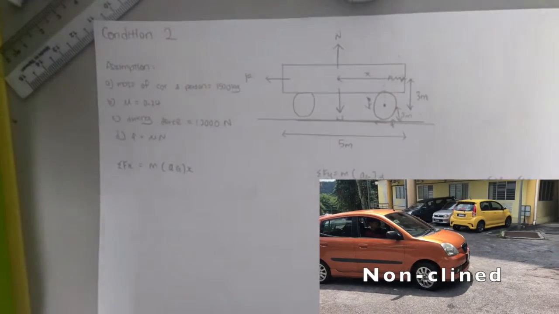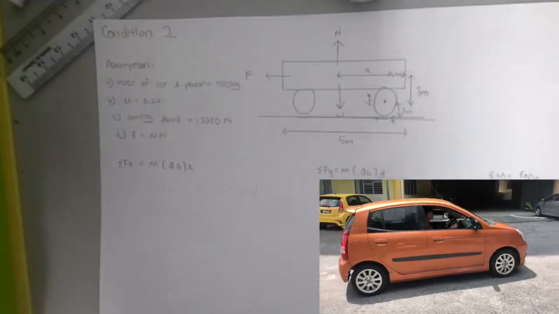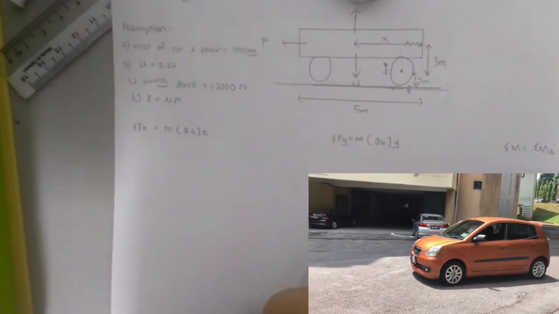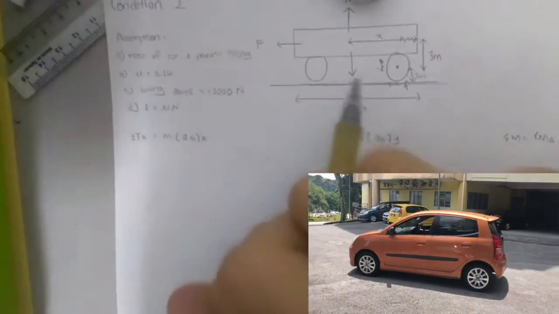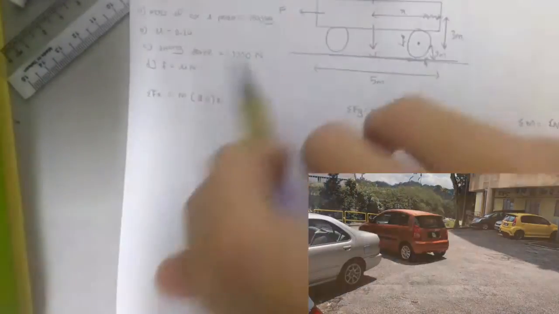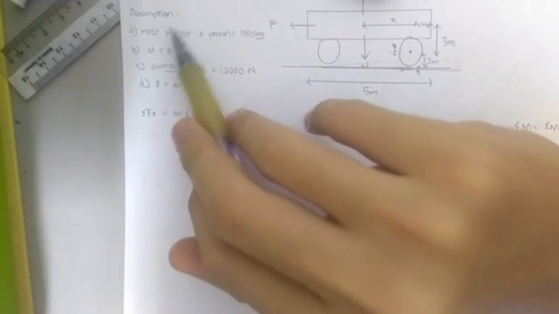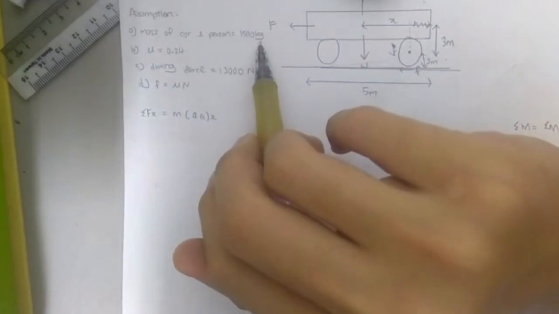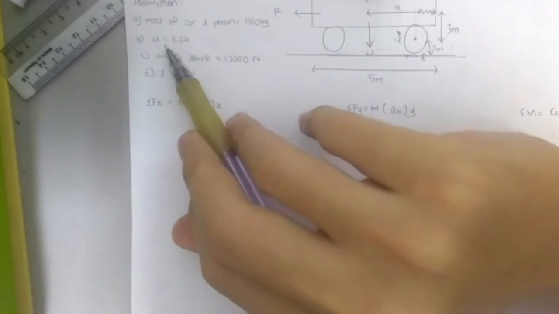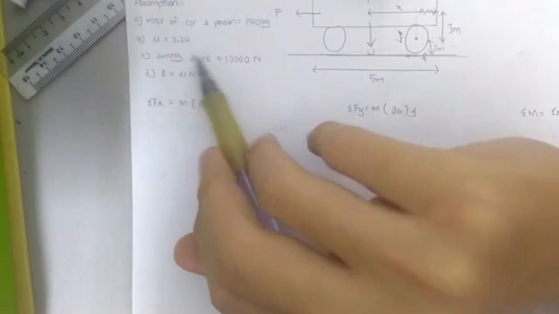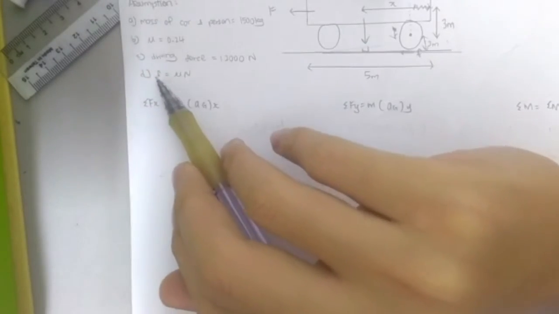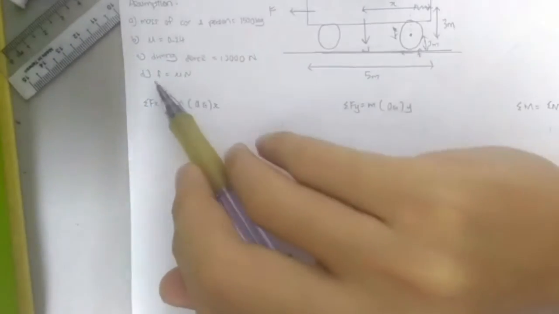Okay, so now I will talk about the calculation for condition 2. Before we do the calculation, we must assume something first for this condition. So here is the assumption: the mass of the car and the person is 1,500 kilogram, the mu is 0.24, and the driving force, which is F, is 12,000.